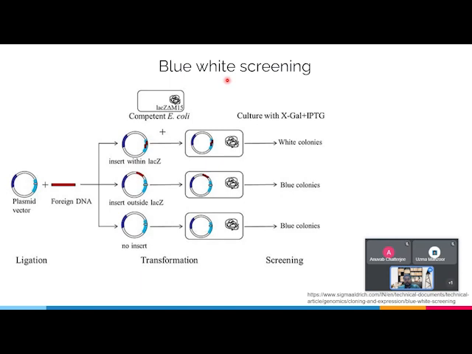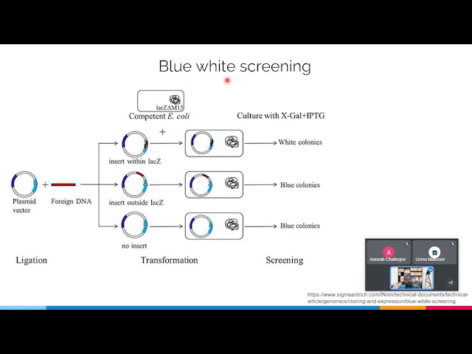Blue-white screening is another selection method used to detect which plasmids have taken up your gene of interest and have been transformed into a bacteria. Say you have cloned your gene of interest into a plasmid vector and then transformed your bacteria with it.